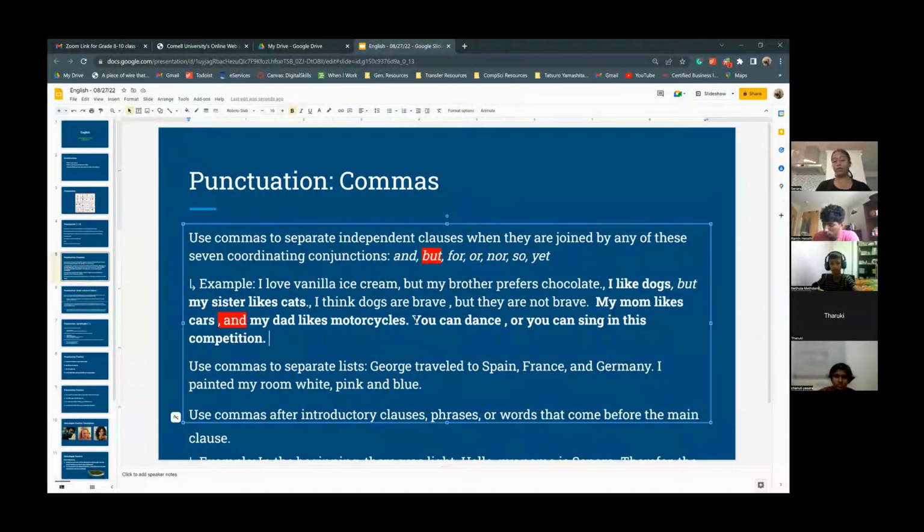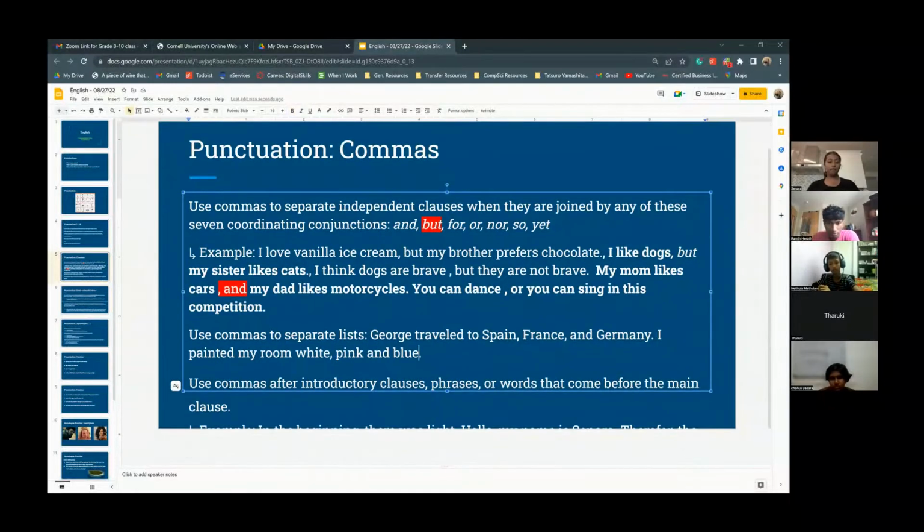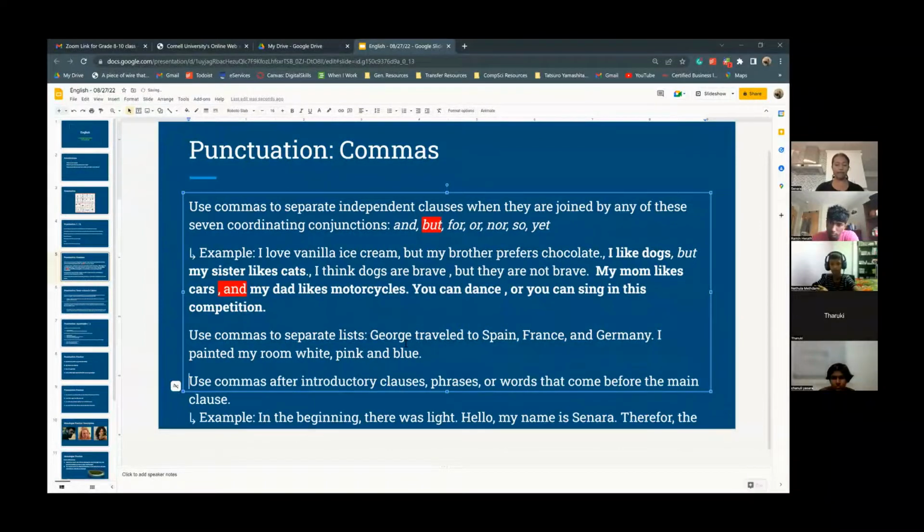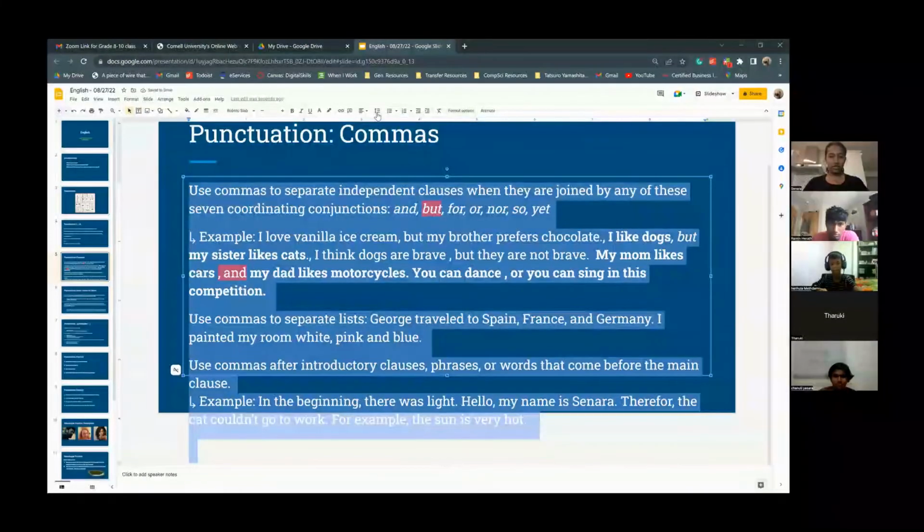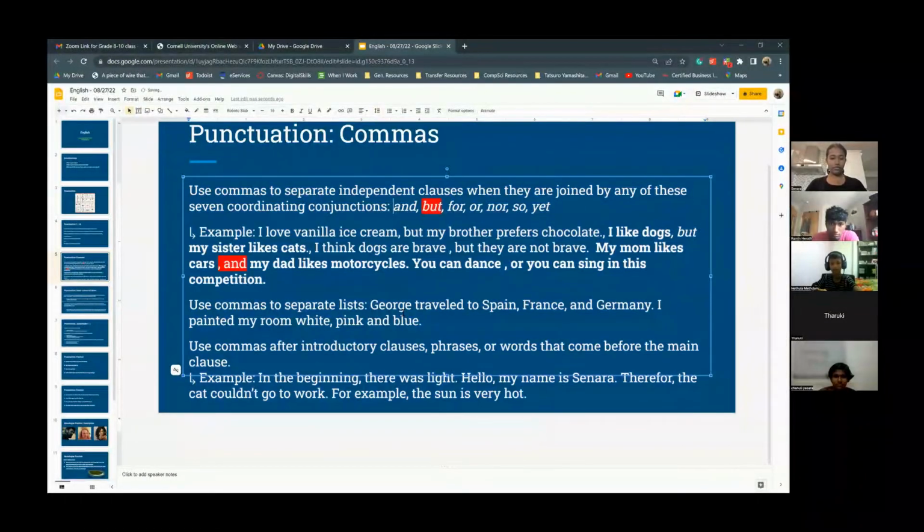In this example, we're trying to use commas, okay? So if we want to use commas, we need to have two independent clauses on either side of the comma. All right. And I like the examples that we have for our separate lists. So there you go.